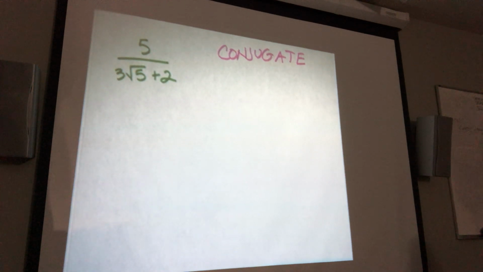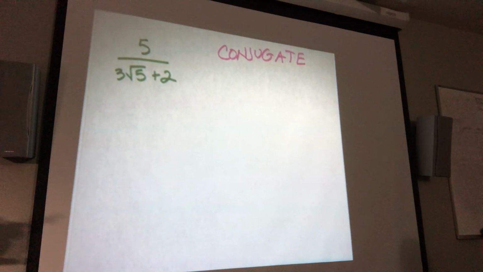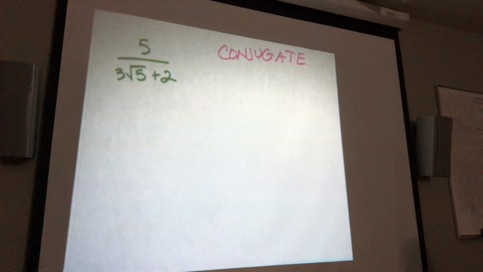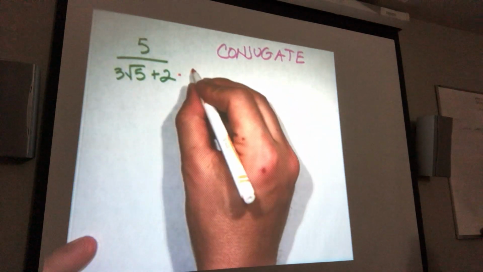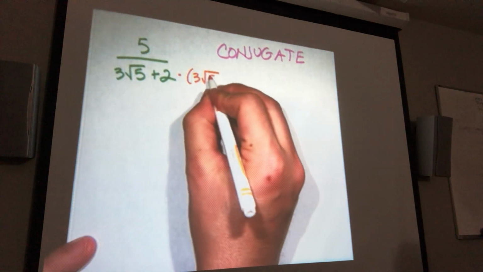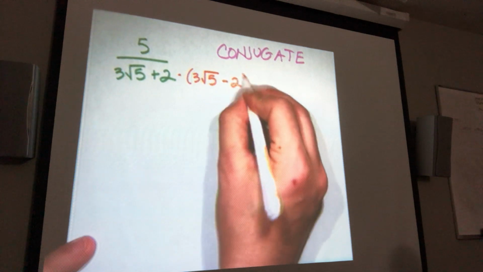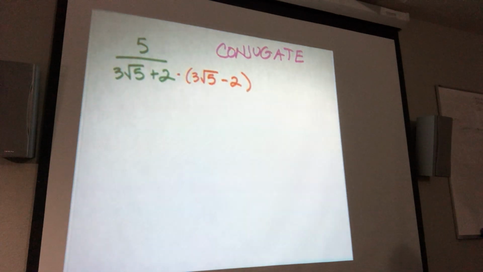I have 3 root 5 plus 2. I'm going to multiply by that with one tiny little change, which is instead of a plus, I'm going to do a minus. That is the conjugate. The conjugate is exactly the same thing, only I switch the signs in between them from a plus to a minus. Okay?